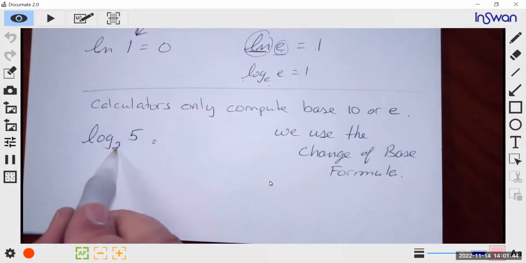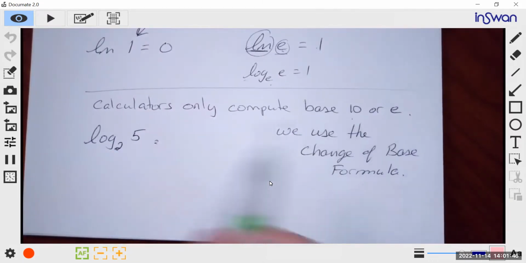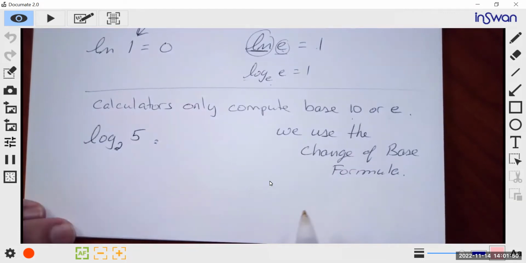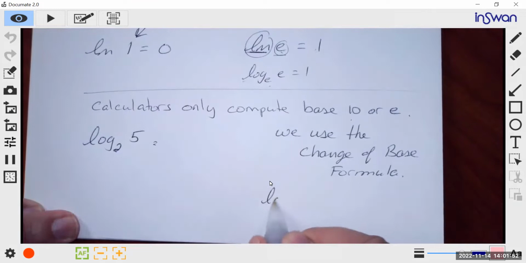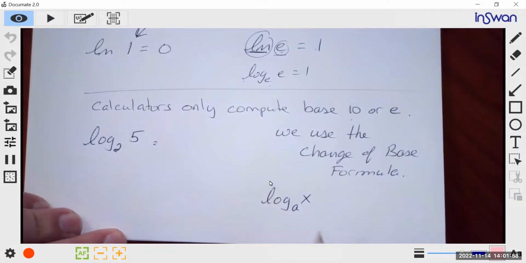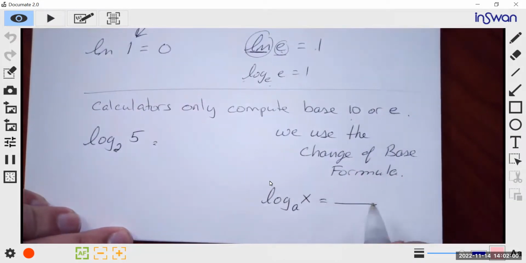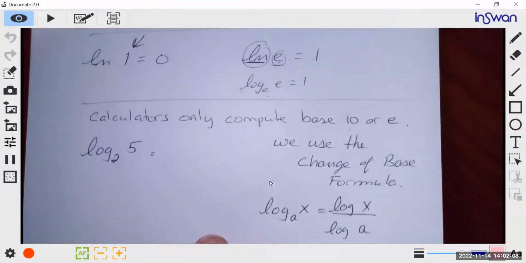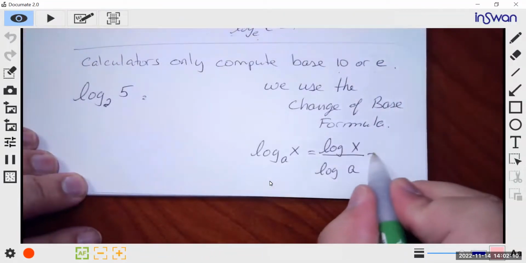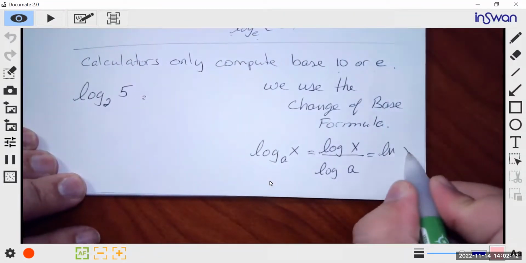If your base is anything other than a 10 or an E, you have to use the change of base formula. The change of base formula is this. We have log base A of X. Or we can use the ln.